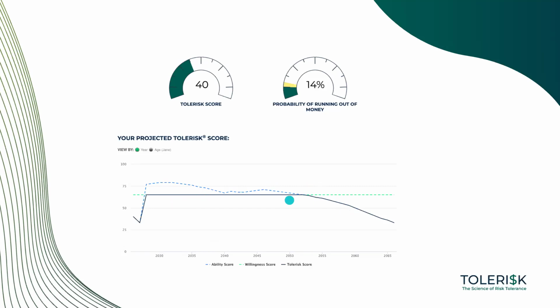It's not uncommon to see someone's financial ability to take risk decrease at some point, but it's not always the case. And I've seen situations where financial ability goes up later in life, which we could always talk about if there are questions. Let's see here.